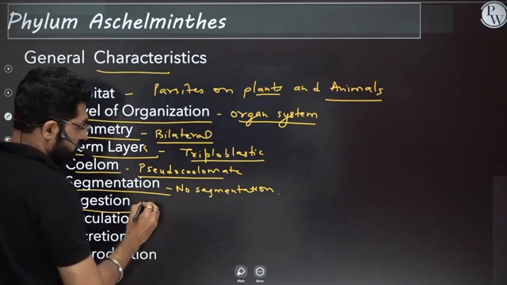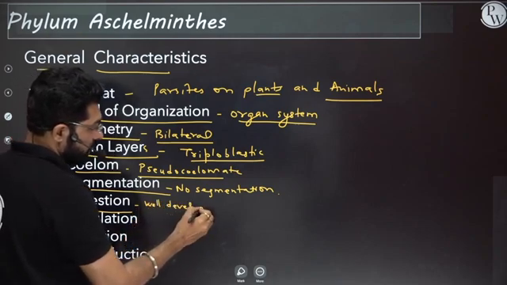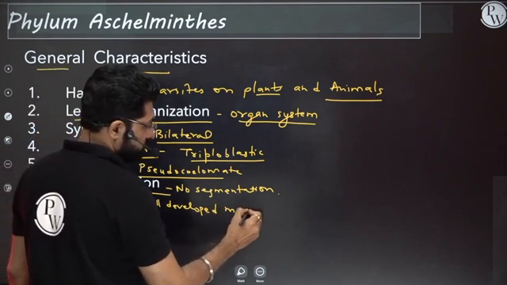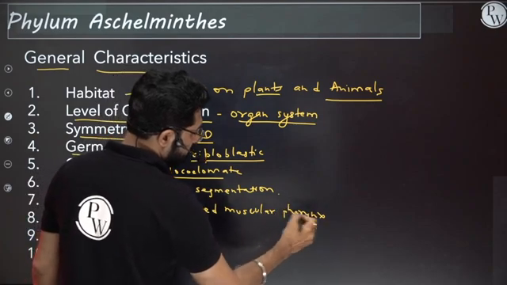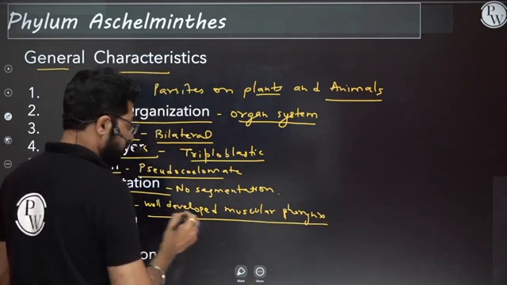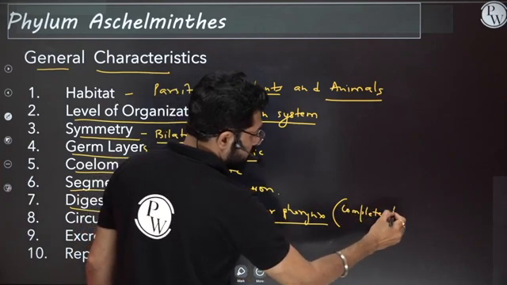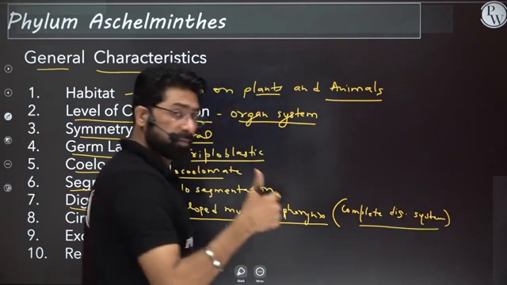So they have a well developed muscular pharynx, and they have a complete digestive system. Hope you are getting my point.